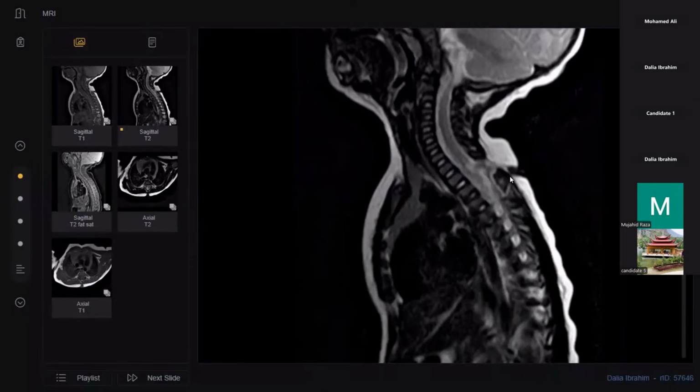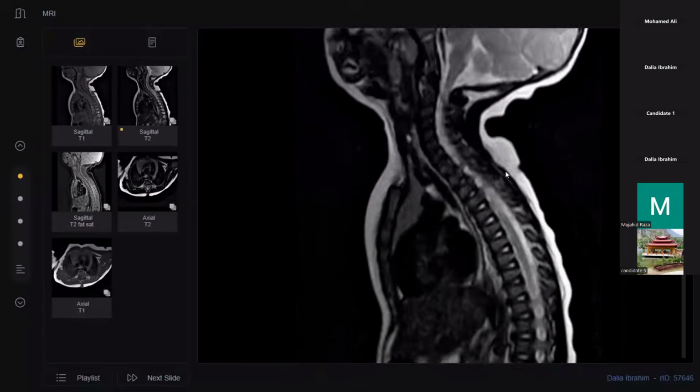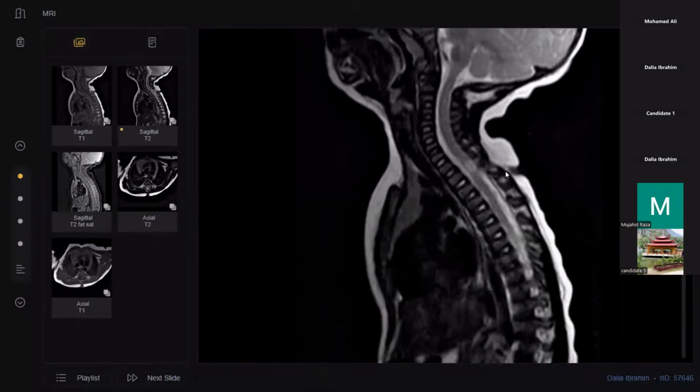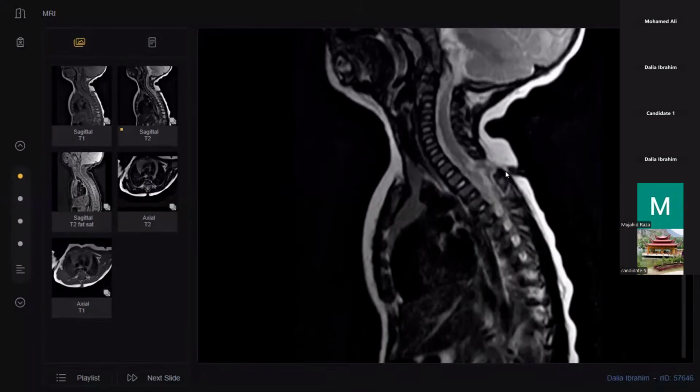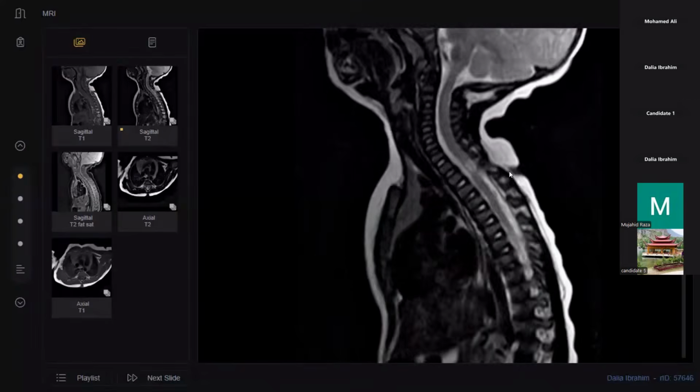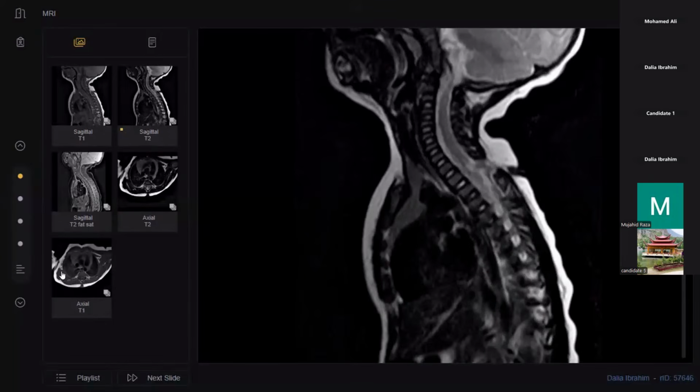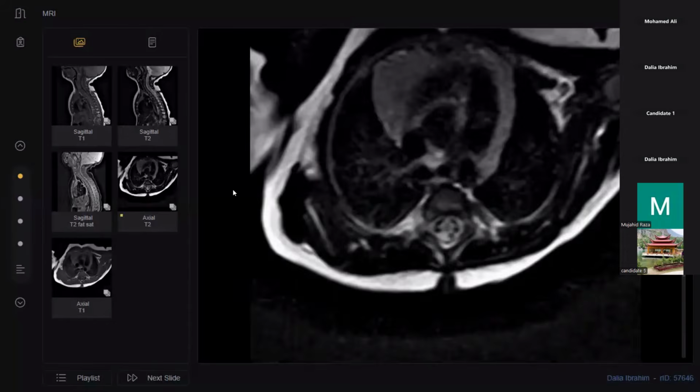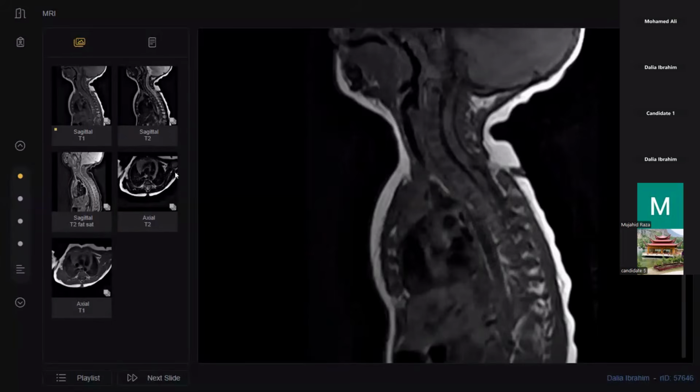Yes, I can see that there is a herniation of some. I believe this could be the venous plexus, which seems to be herniating. But I would like to see it in the axial views to evaluate for herniation of the cord at this level. However, if you can see here, I can show you the T1 images. You can see the cord is not herniating.